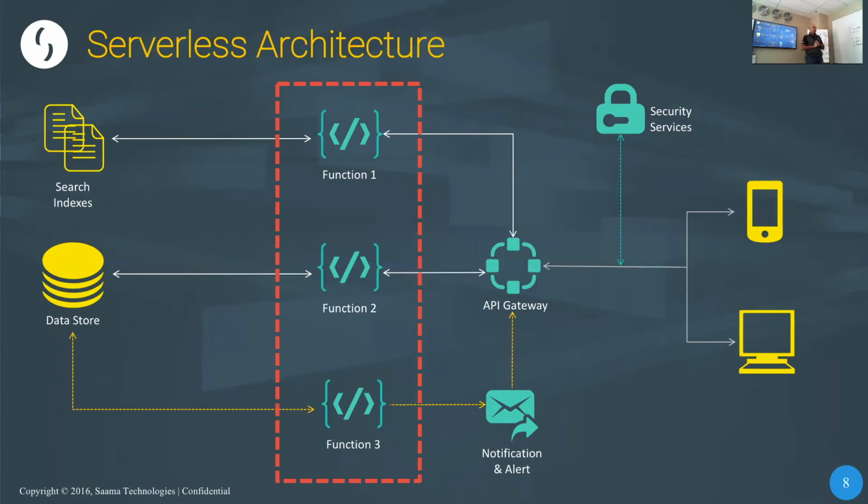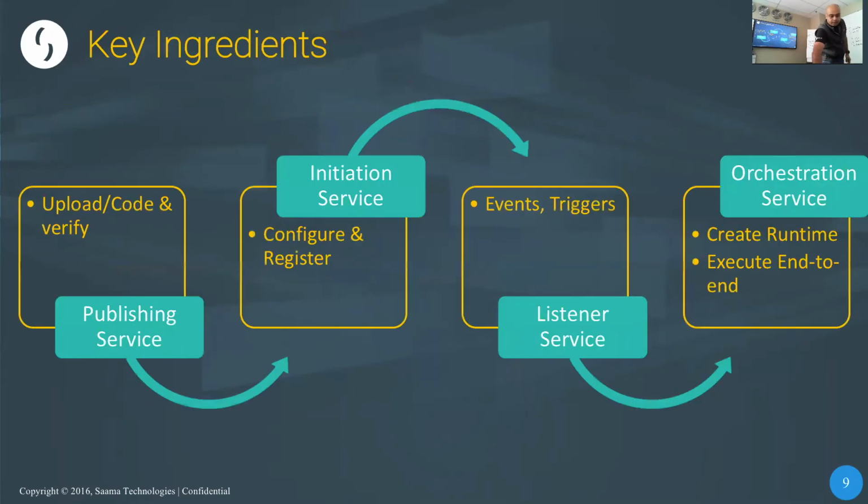So now, when we go to the next step, you upload your code and verify that everything is okay, there are no compilation errors. Then these services, like for Saama, let's give an example. You have a user interface where you've written your code, and when you say publish, there will be another service running in the backend which will detect what language of code you've written.